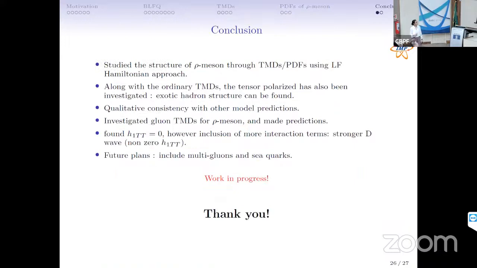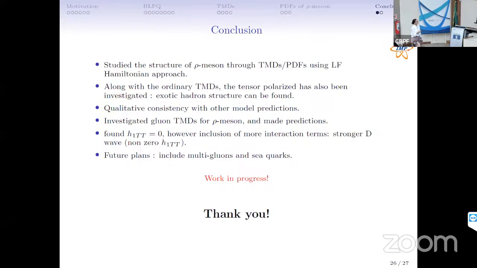So now the conclusion. We have studied the structure of this rho meson through these TMDs and PDFs using the light front Hamiltonian approach, along with the ordinary TMDs that exist for spin-half systems as well. We have studied the tensor polarized structure that can provide exotic hadron structure.